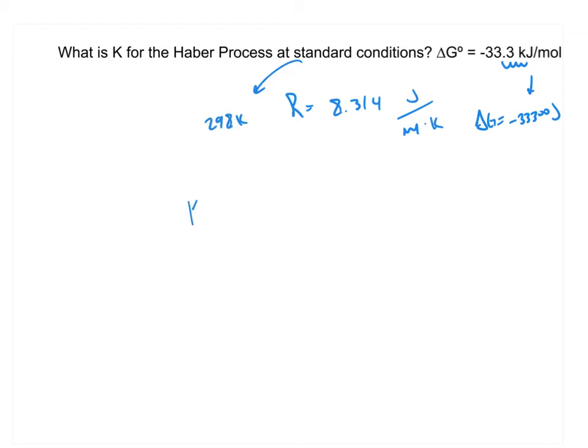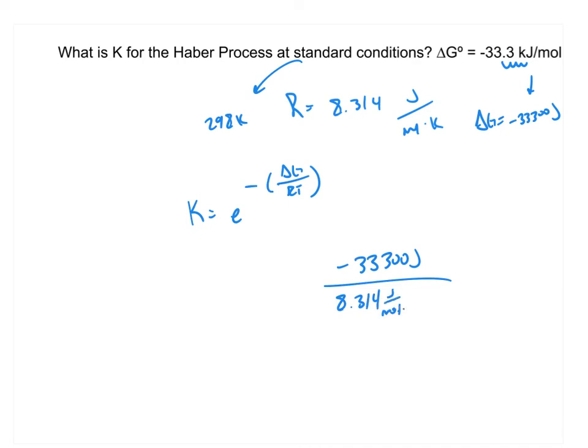So let's solve for K. It's e to the negative delta G over RT power. So negative 33,300 joules over R, which is 8.314 joules per mole times Kelvin, multiplied together with the 298 Kelvin in the denominator. I used my calculator and I found that the exponent is negative 13.44.